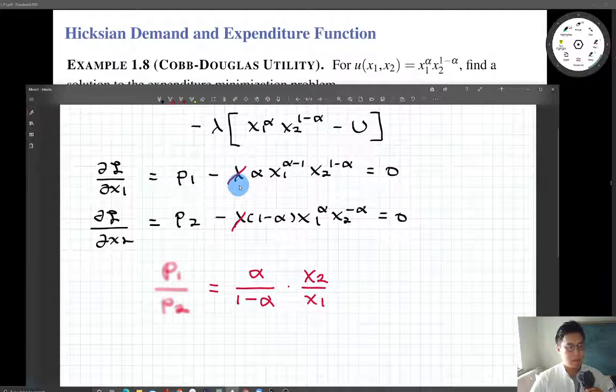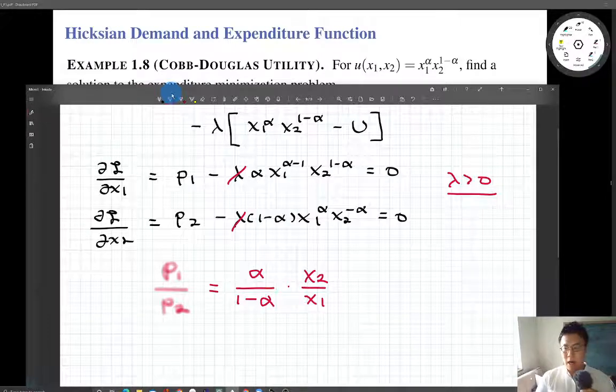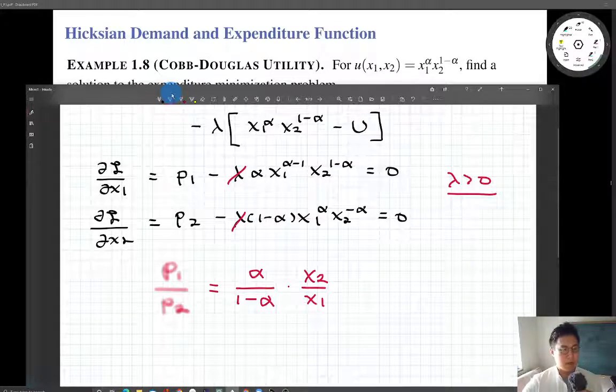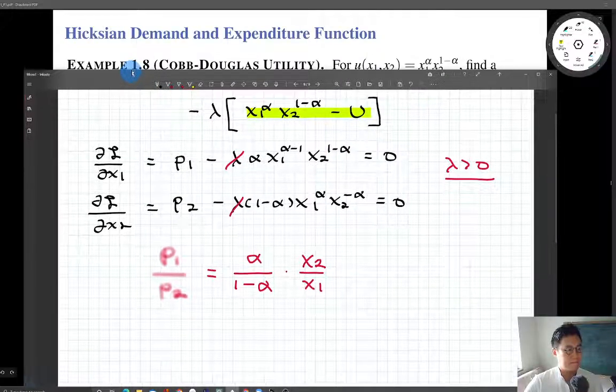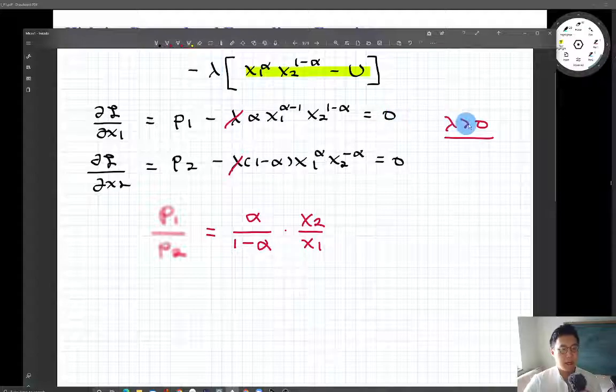By the complementary slackness condition, if lambda is strictly positive, because the product of these two should be equal to 0, the expression in the bracket should be equal to 0 at the optimum. That is the implication of this positive sign.